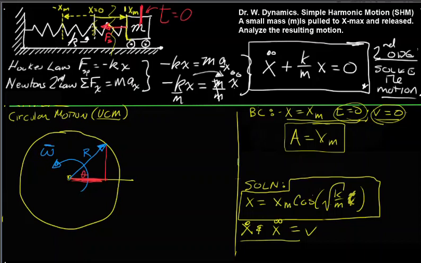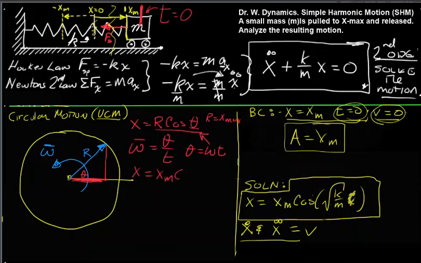At any given moment, we can find the value for x here as x is equal to r cosine of theta, or in our case, r will be x max, and theta we get from the definition of omega as theta over time, so theta is omega t. So we find then that x is x max cosine of omega t.